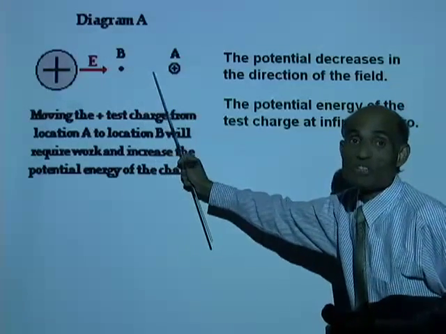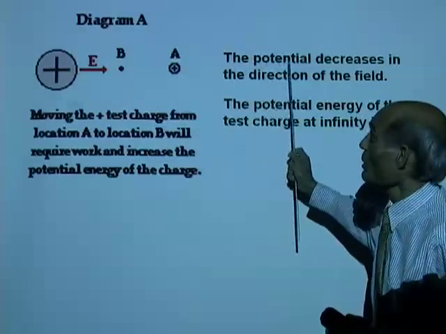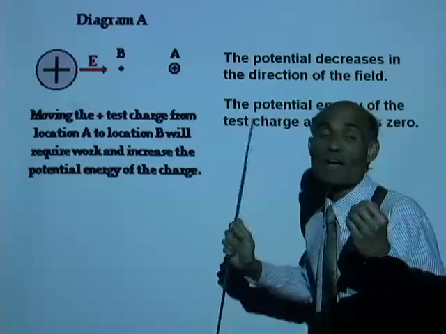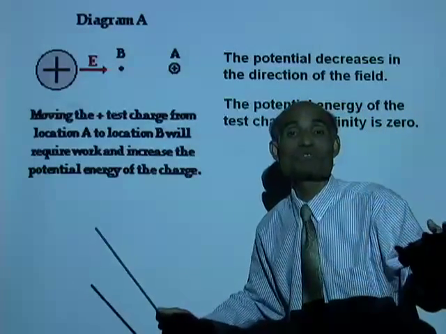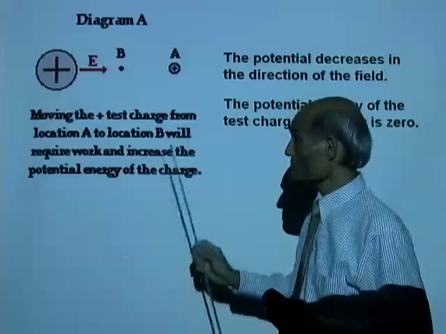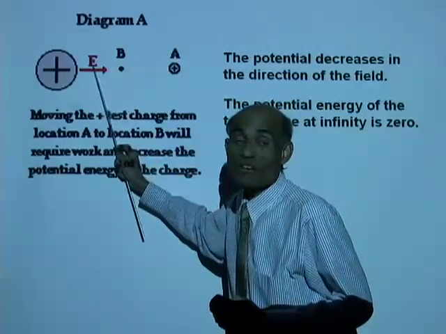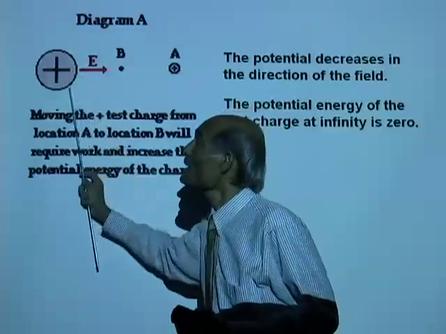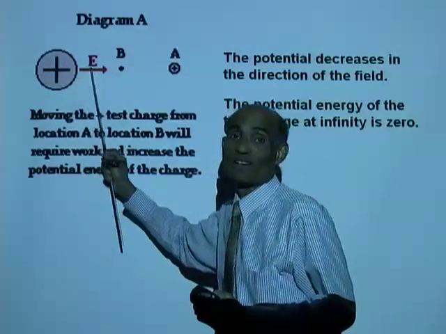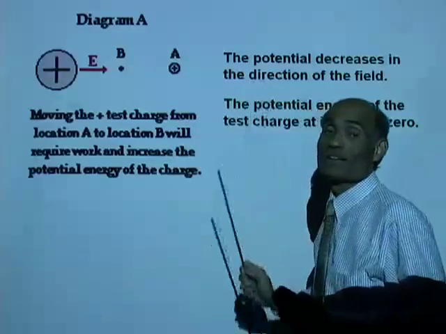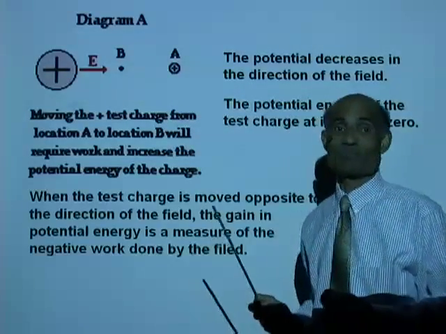If you leave the test charge, it will go all the way to infinity where its potential energy will be zero. So we will assume that the potential energy is maximum near the positive charge. And as you go away, the potential decreases.